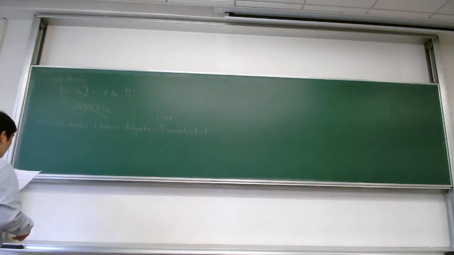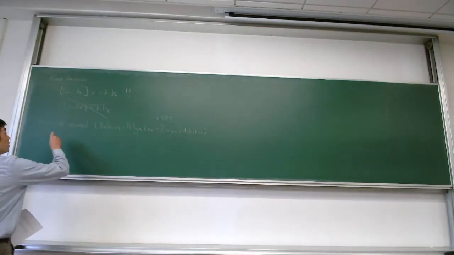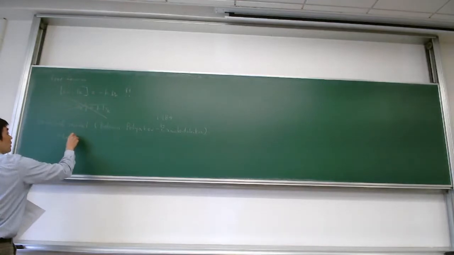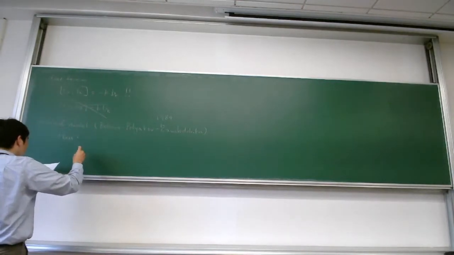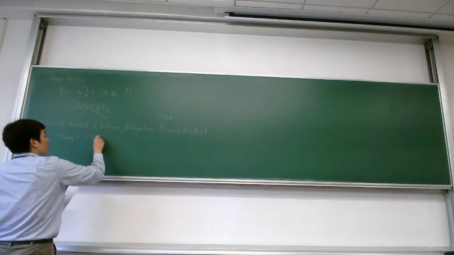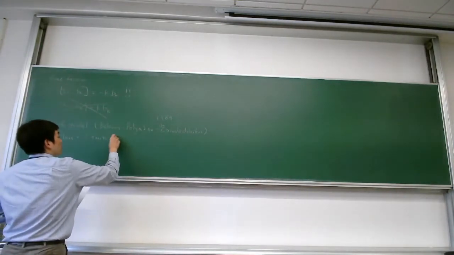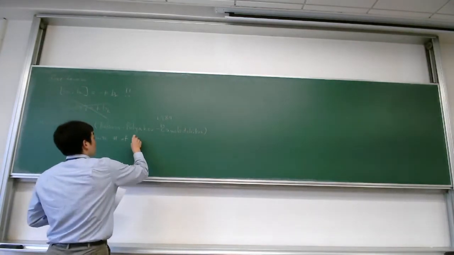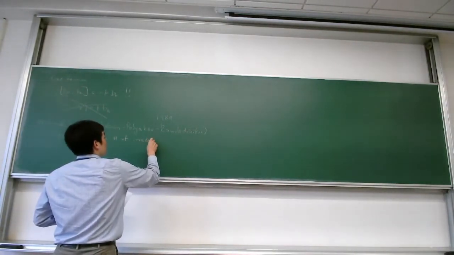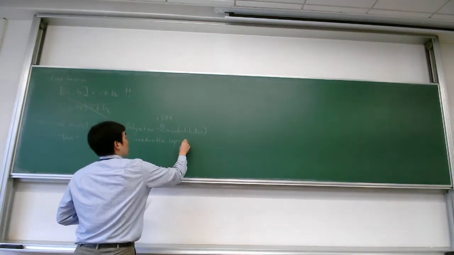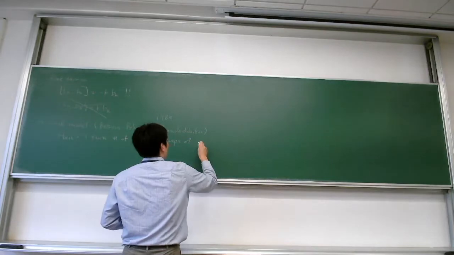So what is the minimal model? The Hilbert space of the minimal model indeed consists of a finite number of irreducible representations of the Virasoro algebra.